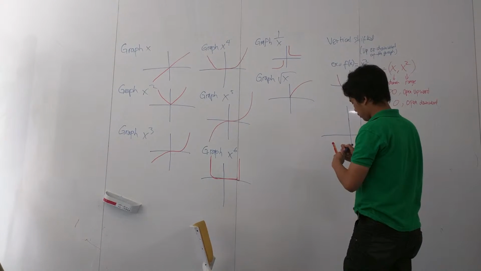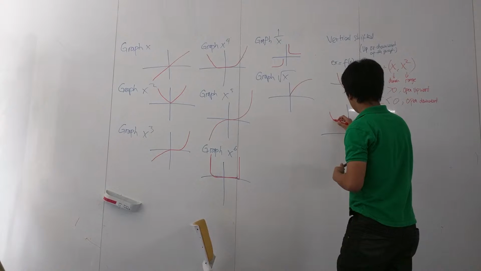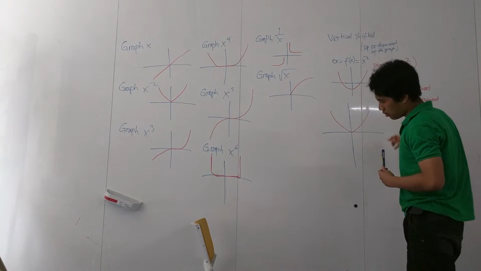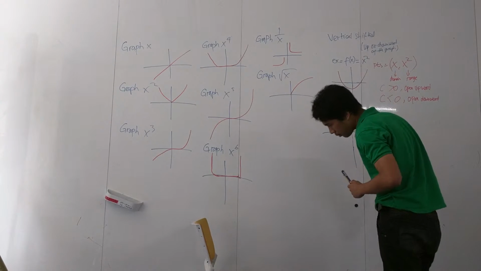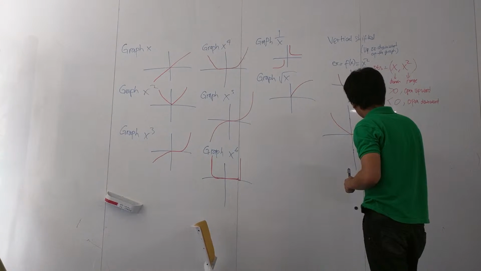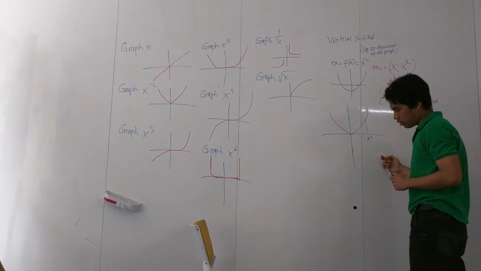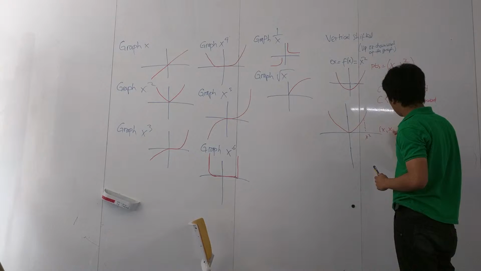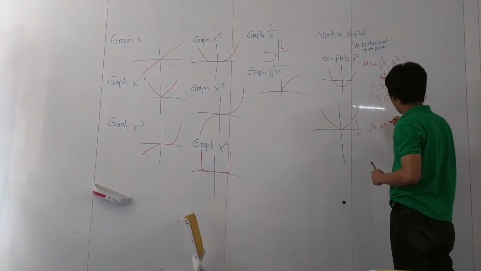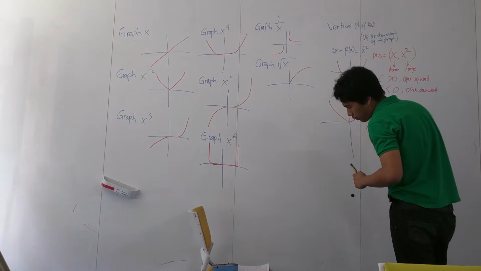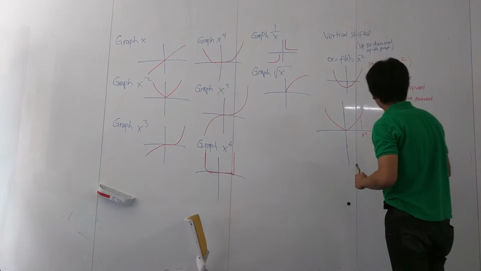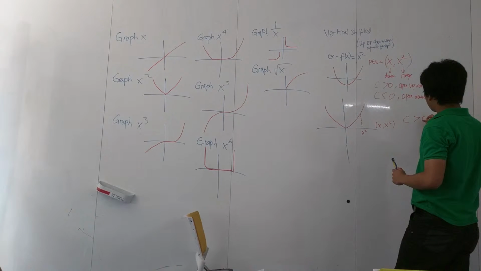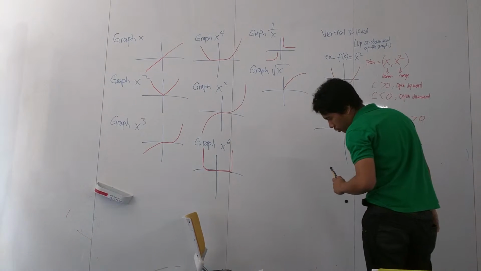So we have the graph of x squared, which is x, x squared. This is for c greater than 0.